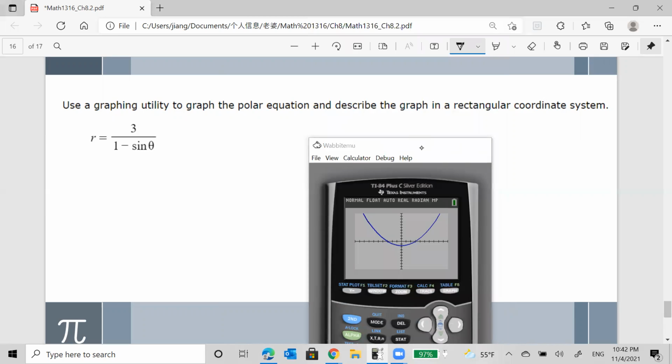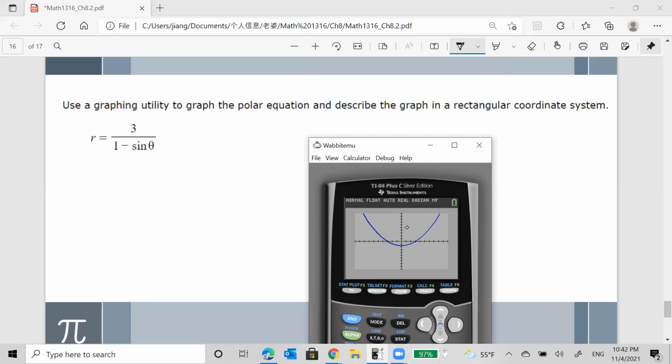The vertex, let's see. When theta equals 0, I mean the angle is 0, the R is this point. When the theta angle is increasing, here, here, here, the distance from the origin to this point is R's value.